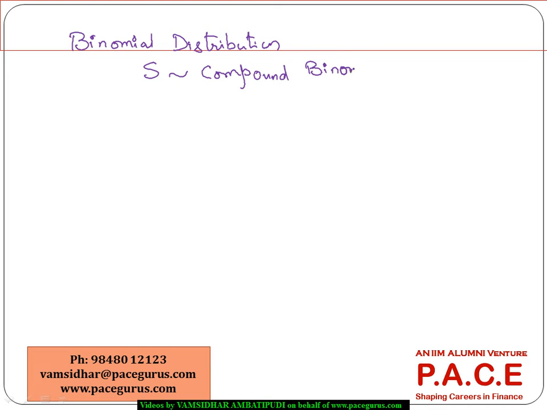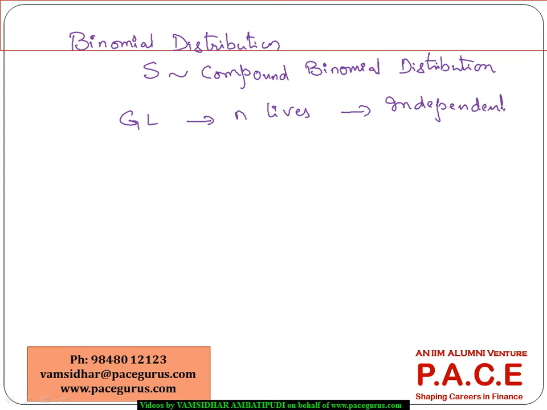If I am using a binomial distribution for N, then for S we are calling it a compound binomial. Especially let's say for a group life insurance policy where they are covering N lives and each life is independent. So if I am more interested in finding out the distribution of the number of deaths in a year, we can very well assume that to be a binomial.